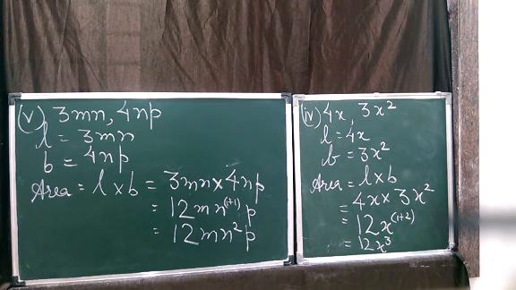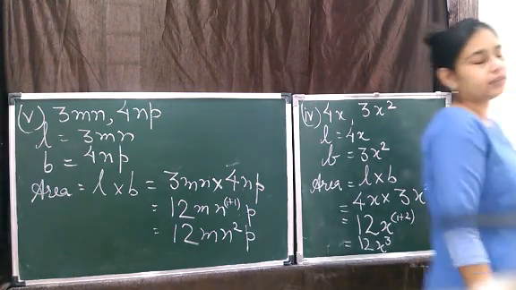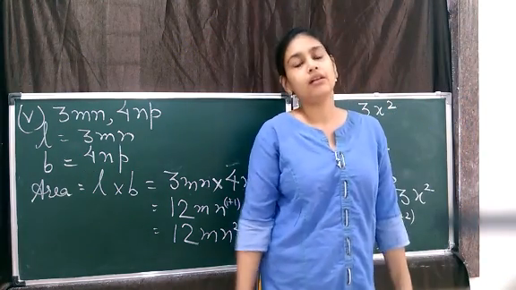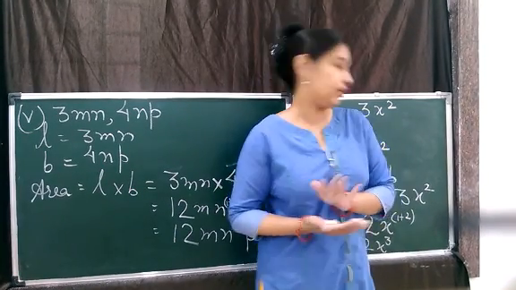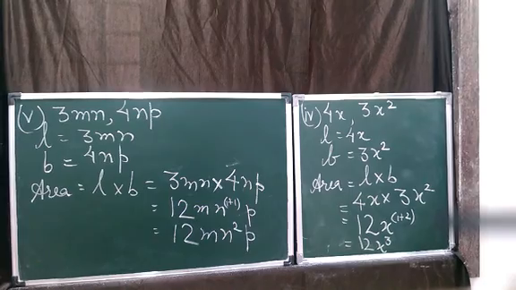Now children, question number 3 is complete the table of products. Complete the table of products means there's a table where we have to do the multiplication and write the product, okay? So we are going to do that now.